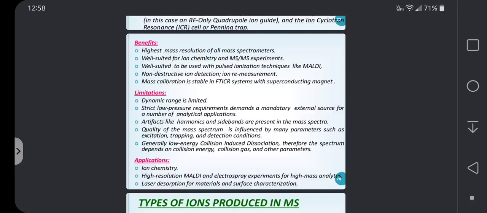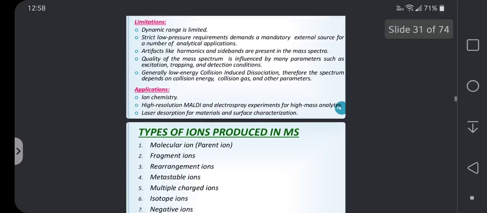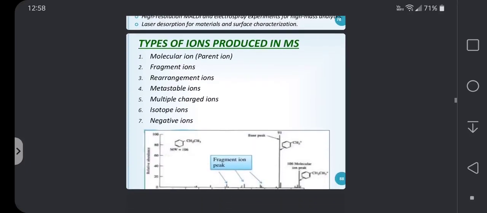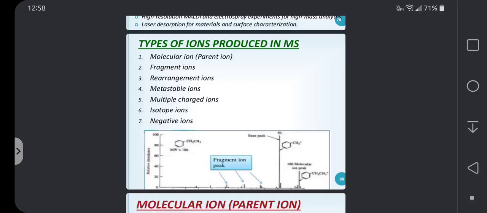Applications: it finds application in ion chemistry, high resolution MALDI and electrospray experiments for high mass analytes, laser desorption for materials, and surface characterization. Types of ions produced in MS. First one is the molecular ion or parent ion.